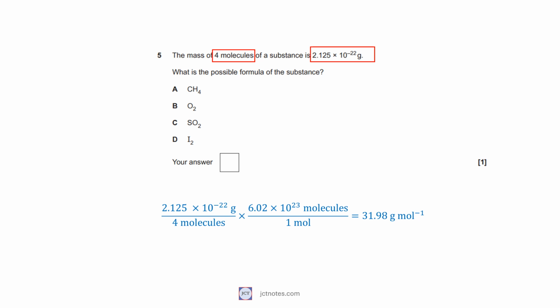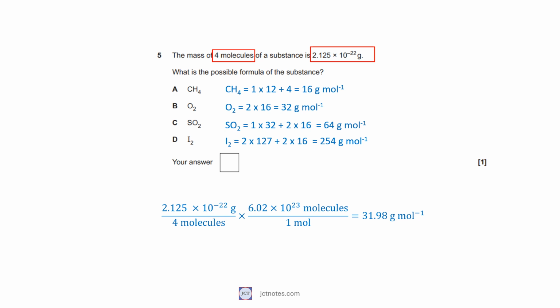If we compare the molecular masses of the answers, we have methane, 16 grams per mole. Oxygen, 32 grams per mole. Sulfur dioxide, 64 grams per mole. Iodine, 254 grams per mole. We can see that the 4 molecules are made of oxygen. Answer is B.